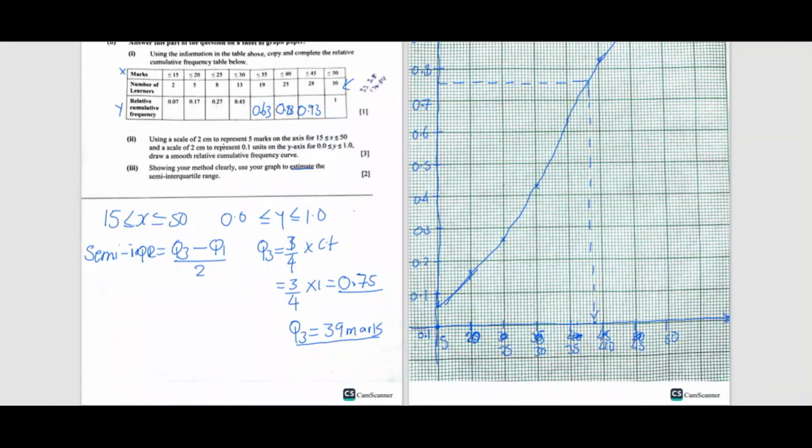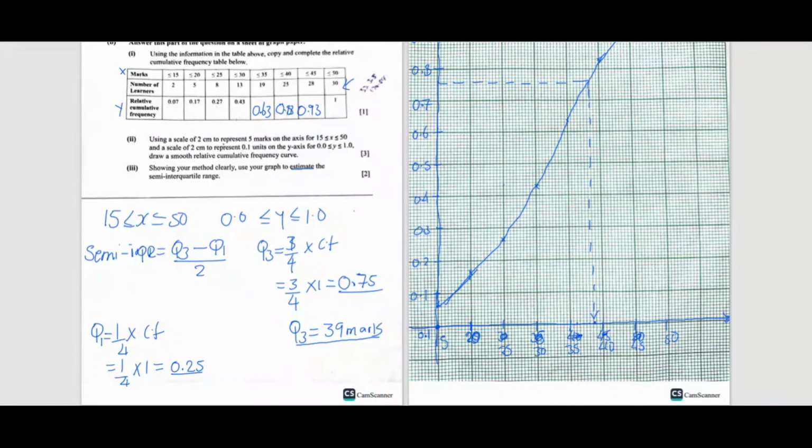Now let's go to the lower quartile. The lower quartile is quartile 1, which is 1 over 4 times the cumulative frequency. So 1 over 4, cumulative frequency is 1. 1 times 1 is 1 divided by 4 will give us 0.25.